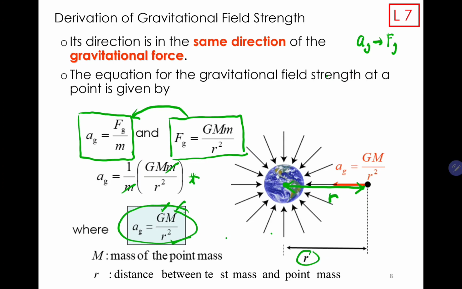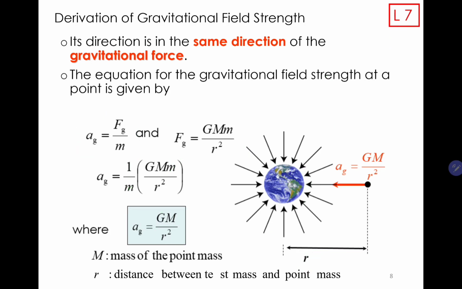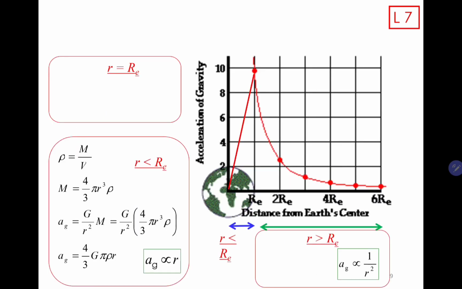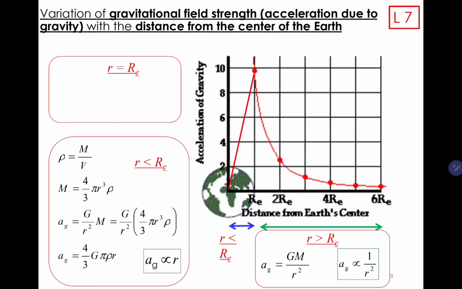Okay, and then how about the value of Ag? Is it the same below the surface of the planet, on the surface, and above the surface? Okay, let's continue with that part. So there are three different positions given.